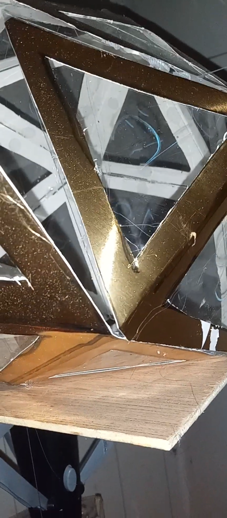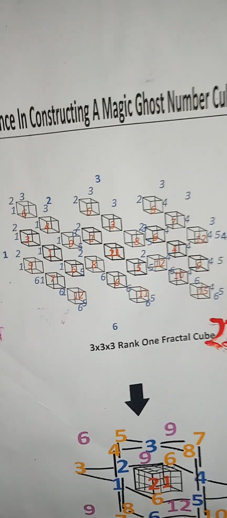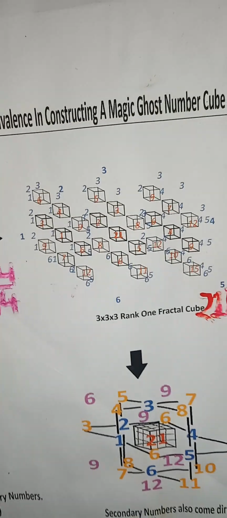I'm working on these models for higher polyhedra, dodecahedron and icosahedron. I have yet to get an inner icosahedron like I've done with this geometric terrarium. And these are some fractal cubes I've made based directly on this fractal cube, 3x3x3.